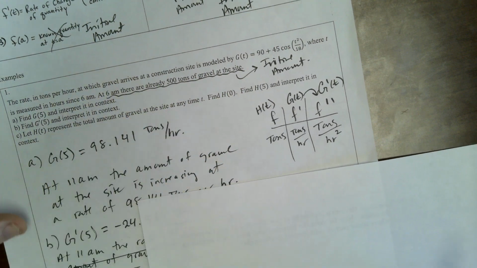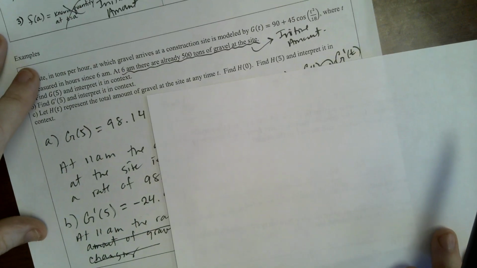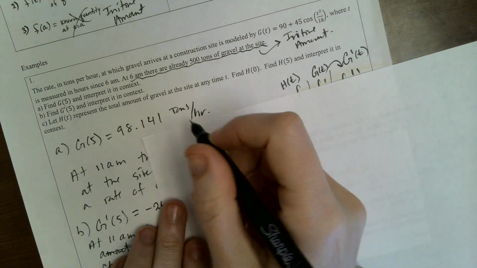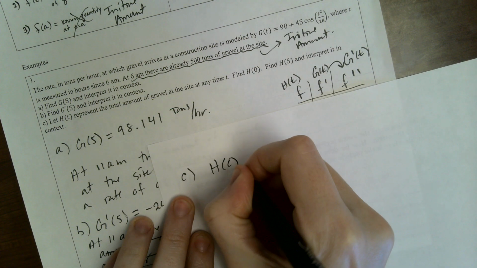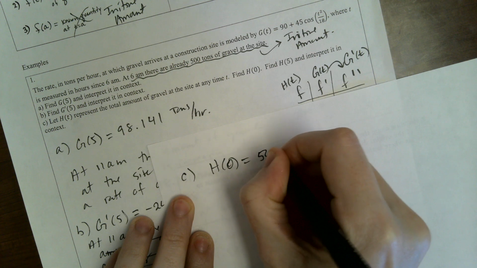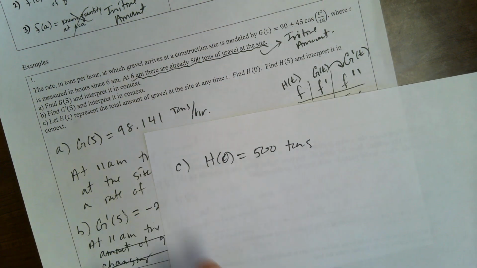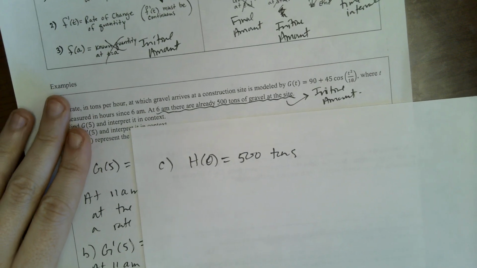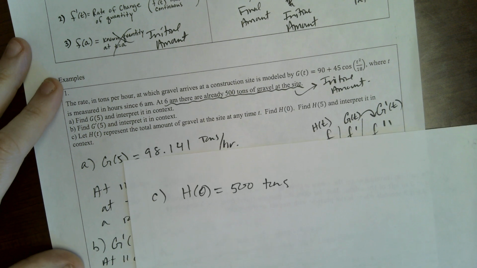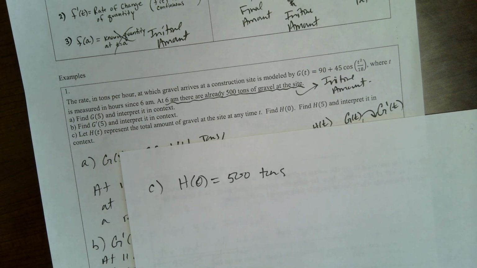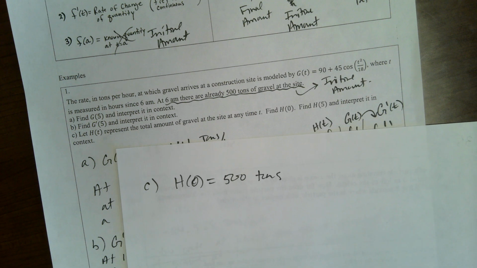But actually, we have an initial amount that they just gave to us. So H of 0 equals 500 tons. All right, that was the initial amount that they gave us. Okay. Now find H of 5 and interpret it in context.